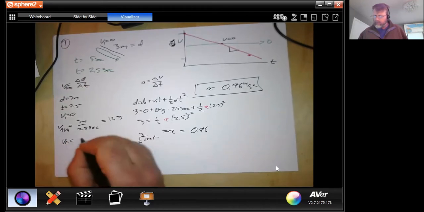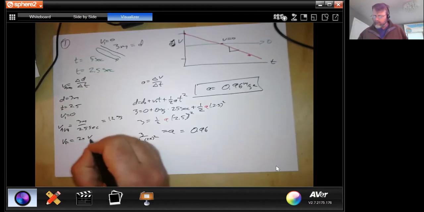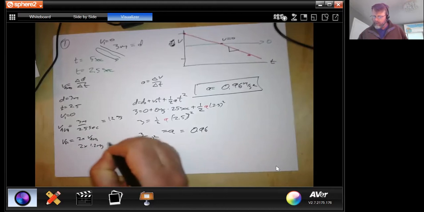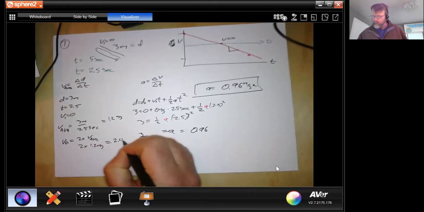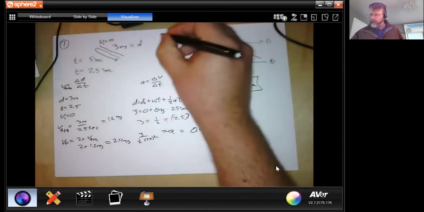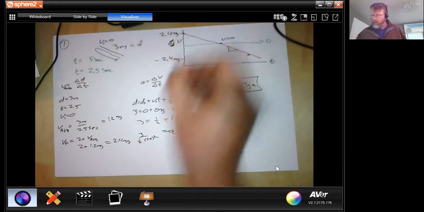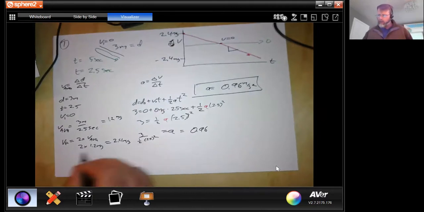And my V final is going to be 2 times my V average, which is 2.4 meters per second, which means we could then put those in here, by the way, if we want to. Okay. Now, why did I do all that?